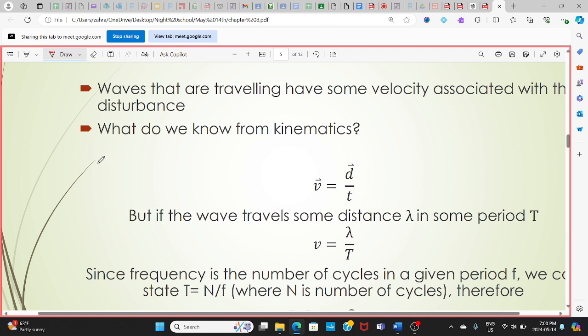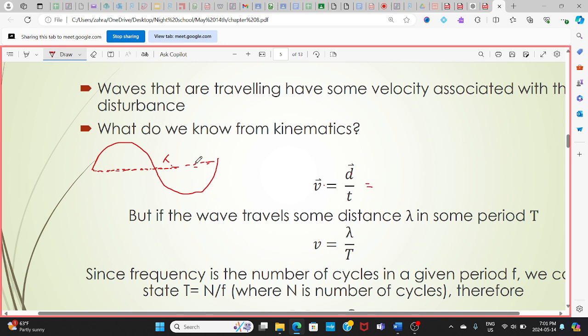So if you look at the wave, this is one complete cycle, right? This is one wavelength. From here to here, we have lambda. The distance that the wave travels in one complete cycle is lambda. You know velocity is displacement over time, right?